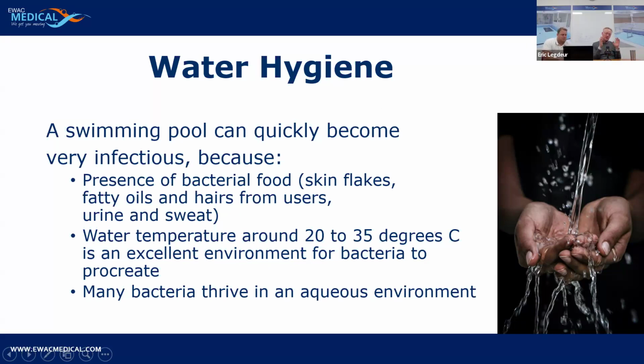If you would just make a swimming pool, pour potable water into it and heat it up to above 20 degrees, within a week you will see so much growth that you would not even be able to combat it. This is how quickly these bacteria and viruses can grow, and also fungi can grow in a water environment. So we need to do something about that. Next slide.